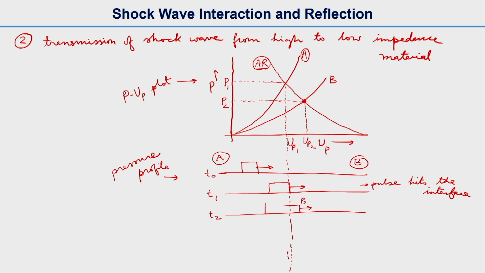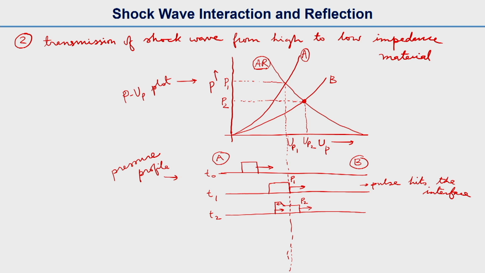As you know, this pressure will be P2. Earlier it was P1, which is higher than P2. This part of the pulse will come towards the left side, and the release wave is traveling towards the right side.